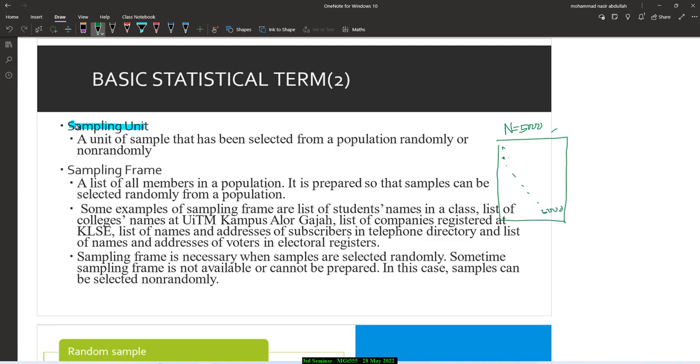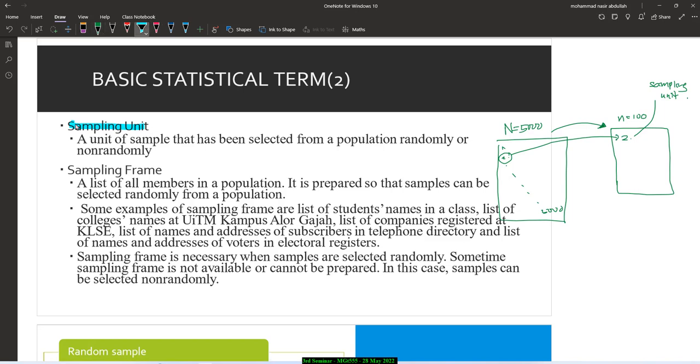So we decide, instead of taking all students into consideration, we just take a sample, a portion of students, let's say n equal to 100. So if you are using a random sampling method, let's say kita select nombor 2 ni untuk jadikan kita punya sample. So this student number 2 is called a sampling unit. Right, boleh faham? So this is a sampling unit.